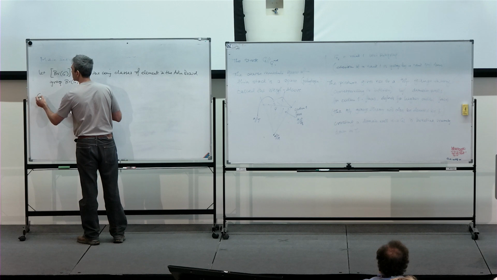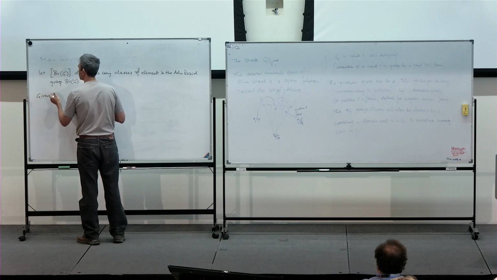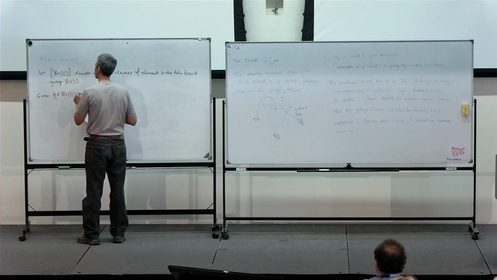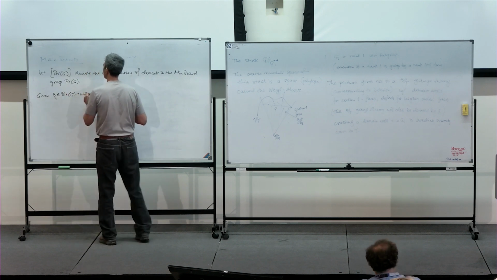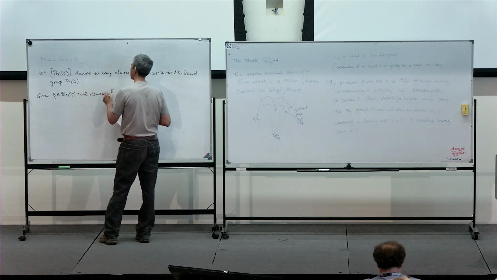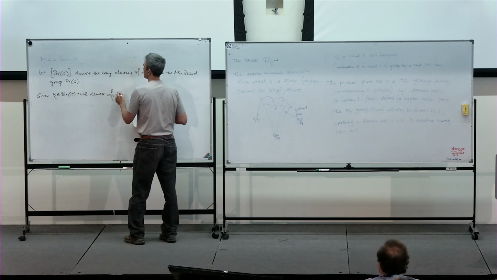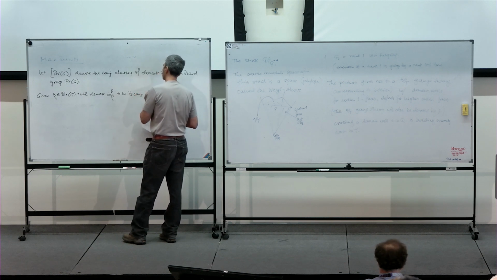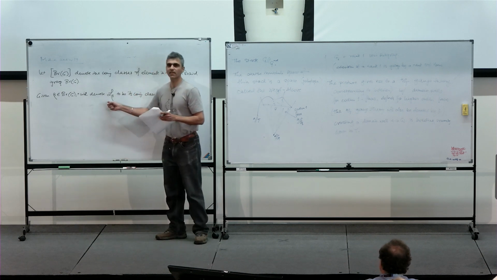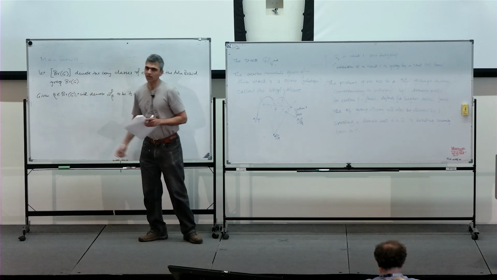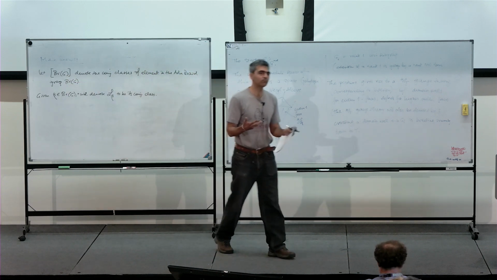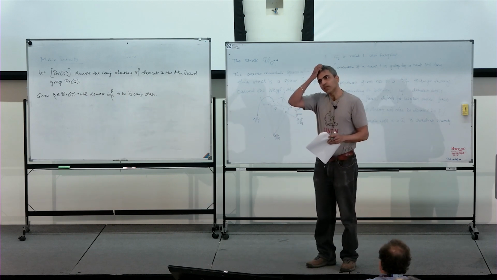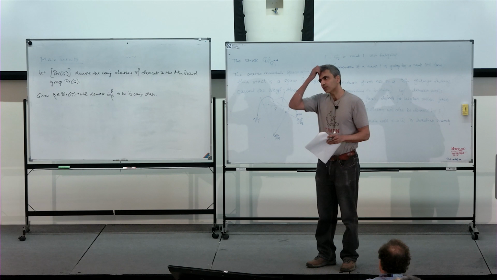So given beta belonging to the braid group of G, we denote by L of beta its conjugacy class. So the notation here is to suggest that in the case where G is AN, is UN or SUN, then the conjugacy classes of braid groups with a slight technicality correspond to links.